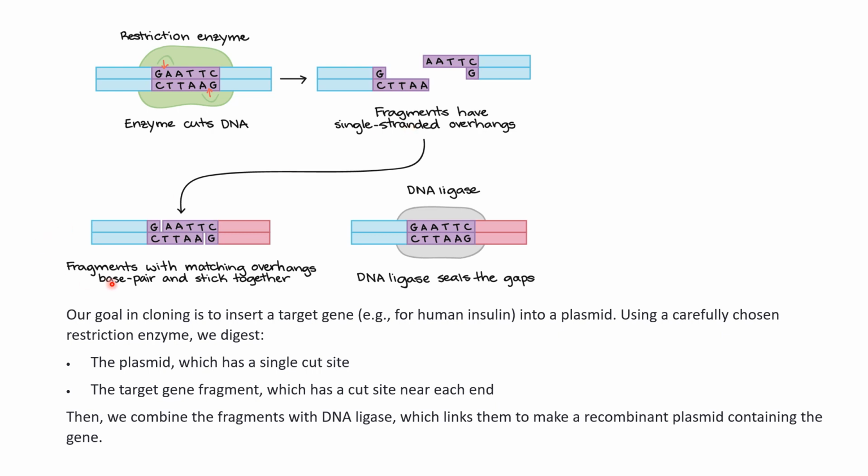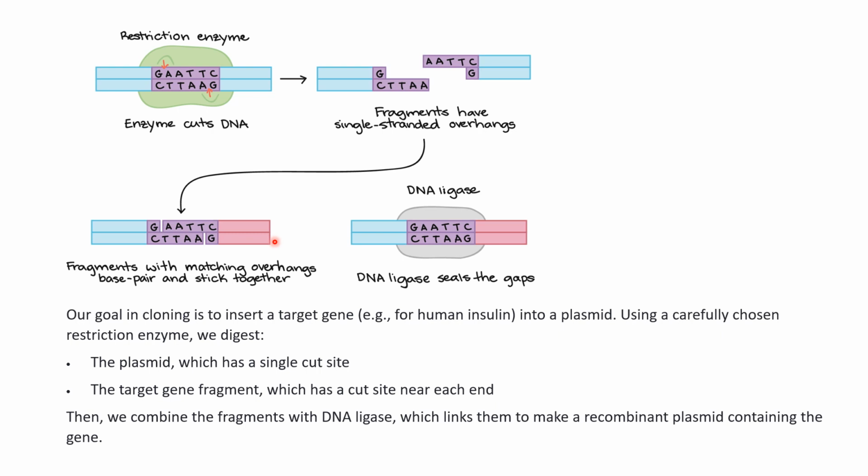And then next we're saying fragments with matching overhangs or base pairs stick together. So if this piece of DNA that has been cut is going to be joined to a plasmid, which is another DNA molecule, they need to have complementary ends so that they can pair.